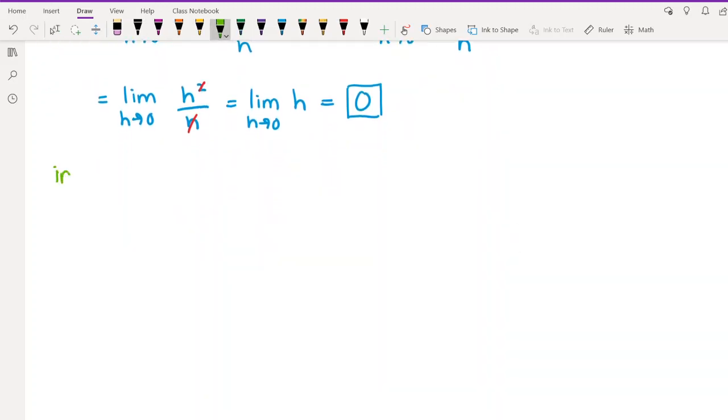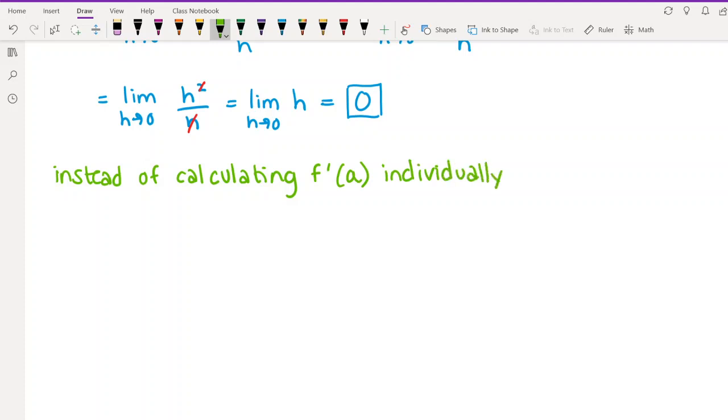Instead of calculating f prime of a individually for each x value, right? We did it for -1, we did it for 0, we did it for 1 the other day. We can do it all in one go.